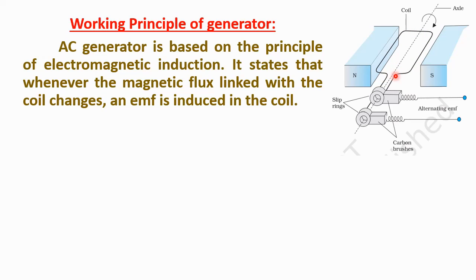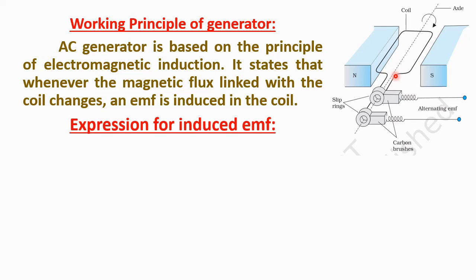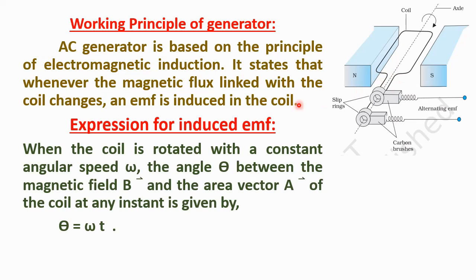Now we have to find the expression for the EMF induced in the coil. When the coil is rotated with the constant angular speed omega, the angle theta between the magnetic field B and the area vector A of the coil at any instant is given by theta equals omega t.